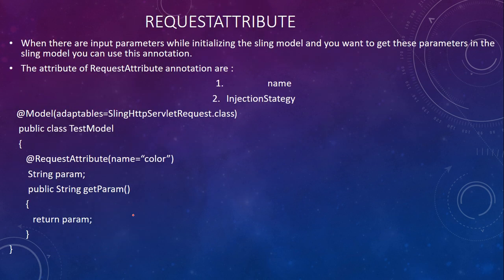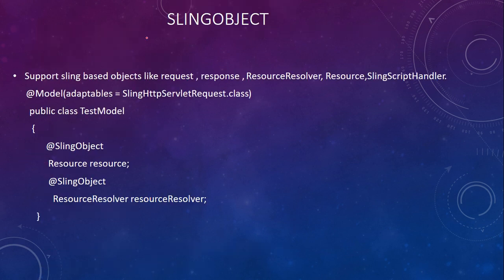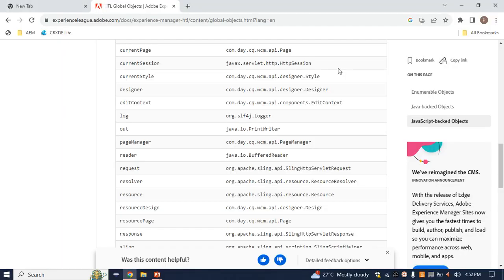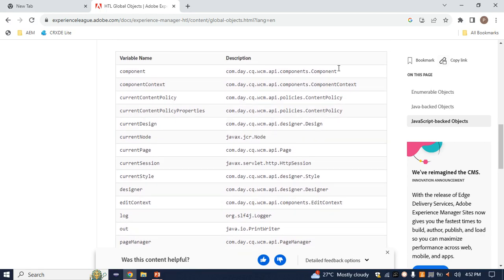And we have another one, that is the Sling object. If you want to use Sling-related objects, inside our global objects we have Sling-related objects as well. Come here and you will see somewhere Sling, and inside that, whatever is there.